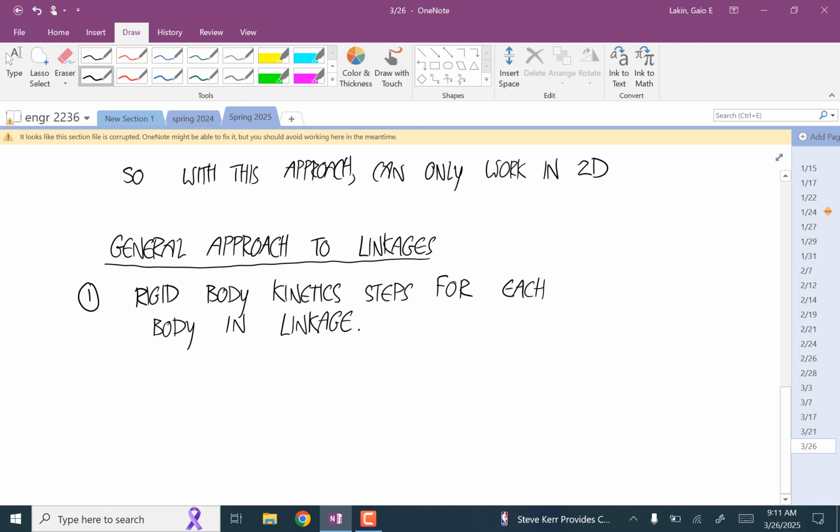Once you're done with this step, you'll have more variables than equations.